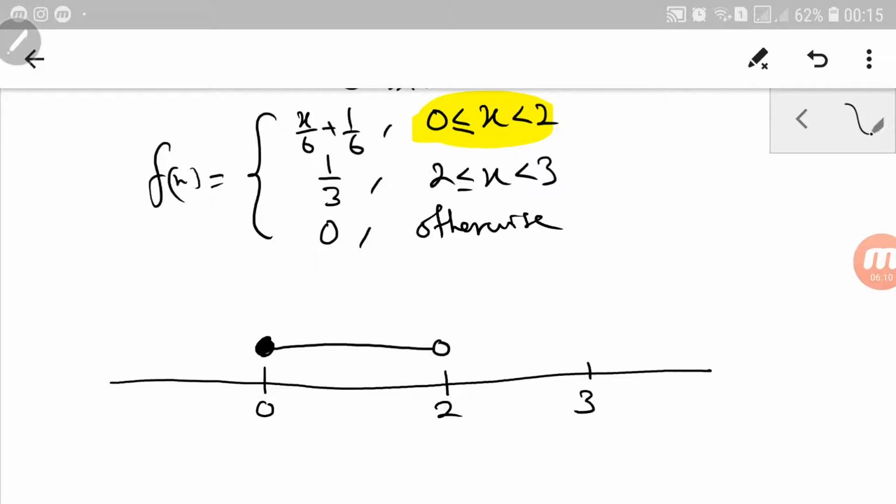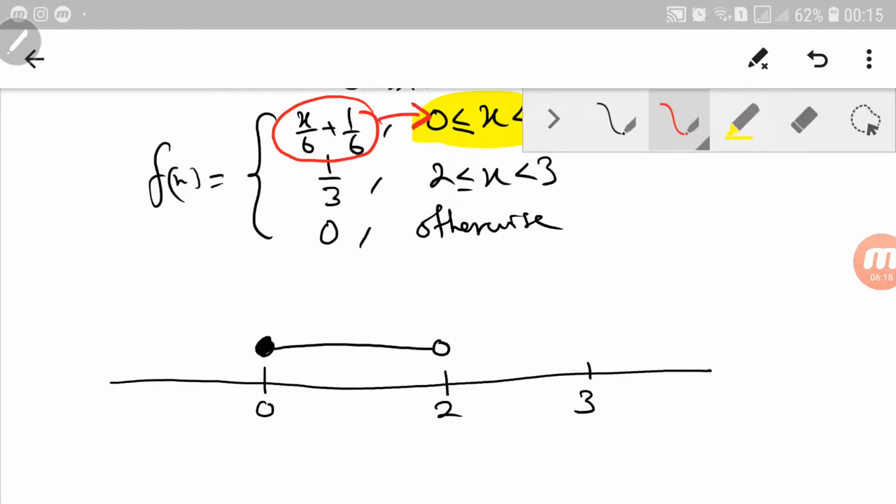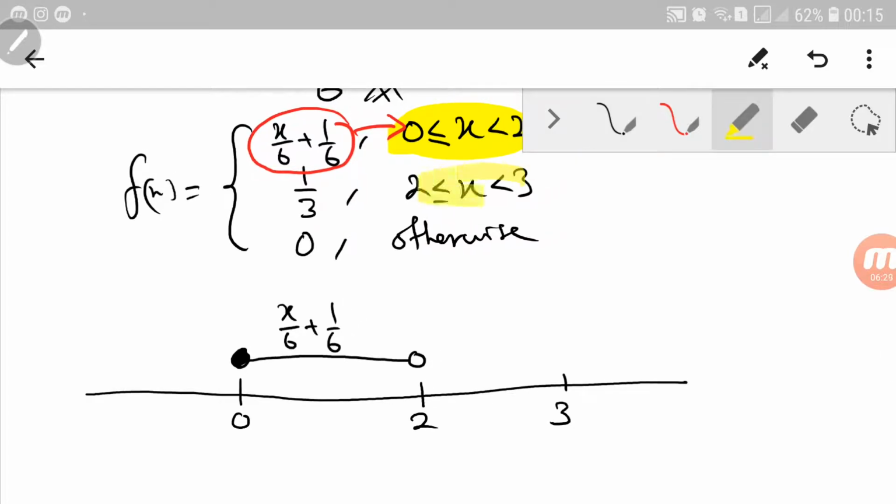Afterwards we write the function that belongs to this interval: x over 6 plus 1 over 6. And next, this interval we are going to represent: a filled circle on top of 2 and an empty circle on top of 3.